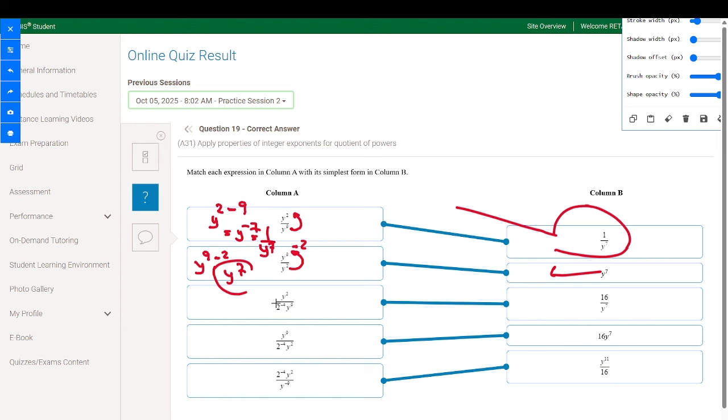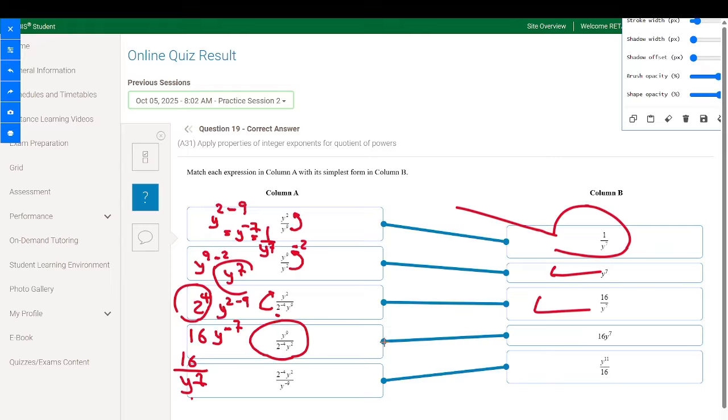Now here, y to the power of 2 divided by 2 to the power of minus 4, y to the power of 9. So here, 2 to the power of minus 4 goes up, put it in the denominator, so it will be 2 to the power of 4, and y will be 2 minus 9. So 2 to the power of 4 is 16, and y to the 2 minus 9 is y to the power of minus 7, which will be equal to 16 divided by y to the power of 7.